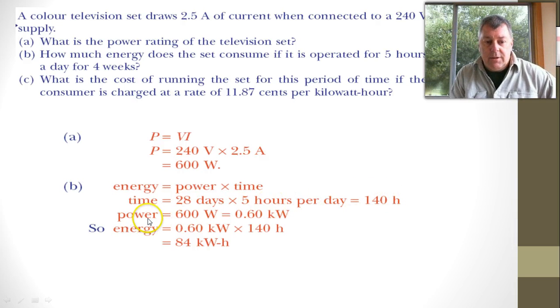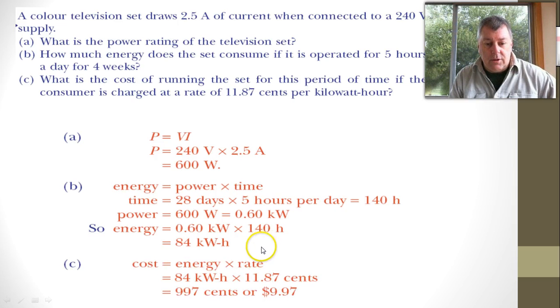And the power, we need to convert, so the time has to be in hours and the power has to be in kilowatts, so we've got 600 watts, which is equal to 0.6 kilowatts, and so the energy equals the number of kilowatts times the time in hours, and so in this case it's 84 kilowatt hours. Okay, follow that.